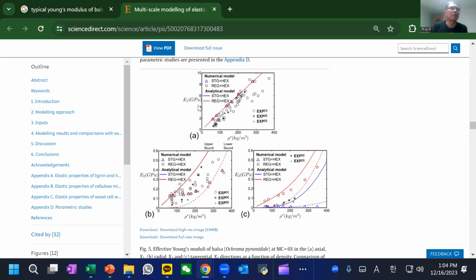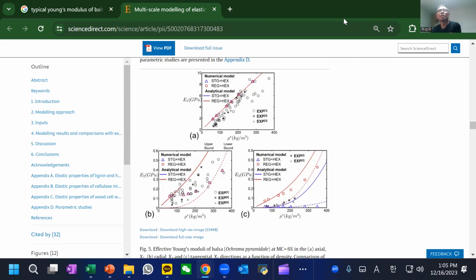Depending on how we make the core, the stiffness will vary. Stiffness will have E1, E2 and E3. That's not so important. But as you can see, Young's modulus is on the order of 0.1, and density is on the order of 200 kilograms per cubic meter. So as you can see, how light and how low stiffness it is.